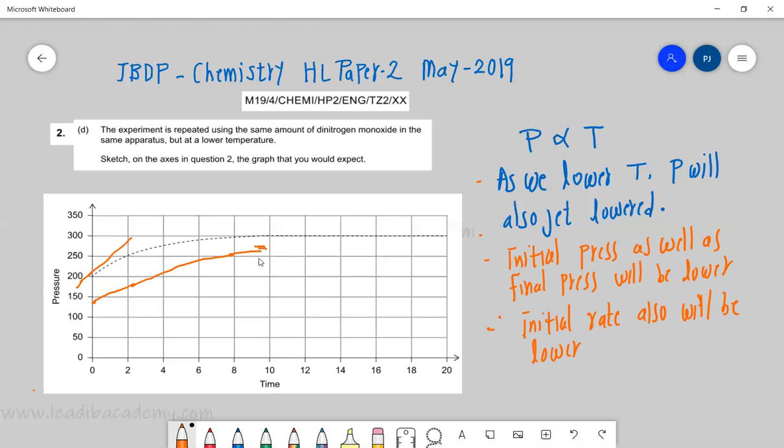It directly depends on the pressure, so we can conclude that. Let me remove what I had just shown. So this kind of graph we can expect, which will be lower. It is never going to be something like this. Hope this is quite clear to you.